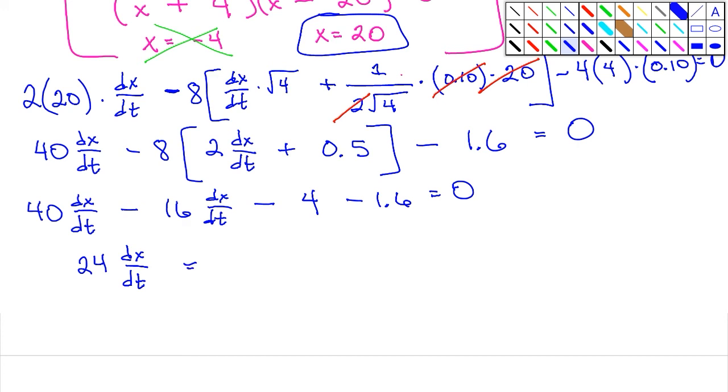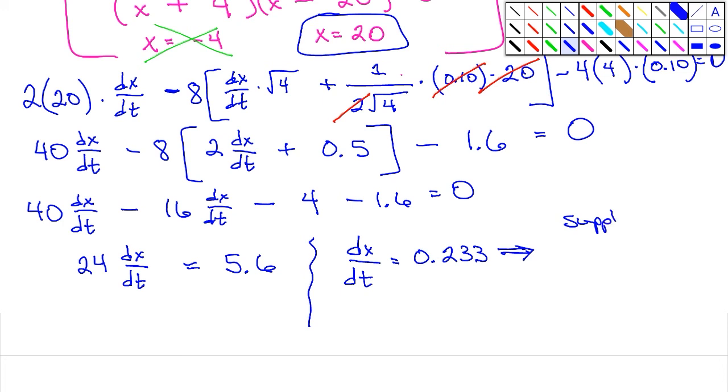We'll move that to the other side and get positive 5.6. And then we divide. So we get dx/dt is equal to 0.233. But remember that x was in hundreds of collars. So the interpretation here is that supply is increasing at 23.3 collars per week.